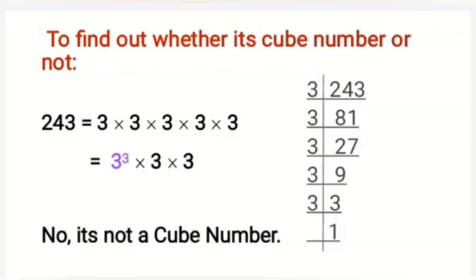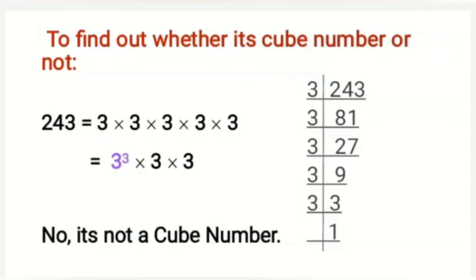How many times? 81 times. 81 is again divisible by 3, 27 times. 27 is again divisible by 3, 9 times. 9 is again divisible by 3, 3 times, and 3 is again divisible by 3, 1 time. So I got the factors 3 into 3 into 3, 3 into 3.